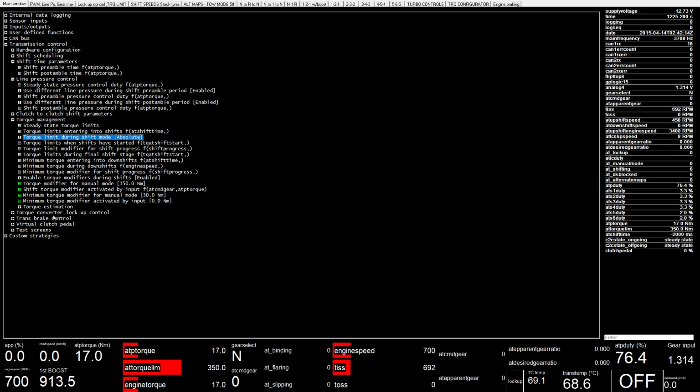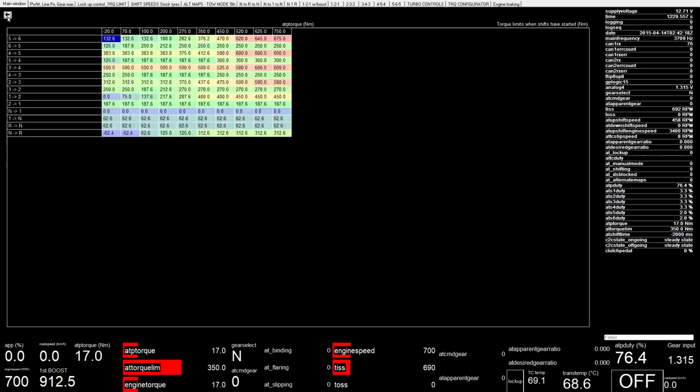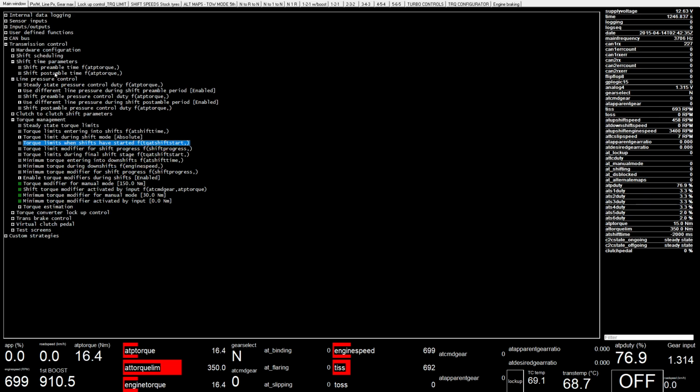Torque limits during that shift is absolute. By that, we have here a torque limit of 500 newton meters in low load. So basically, there is going to be no instruction from the TCM to the ECU to limit the engine performance during the shift.